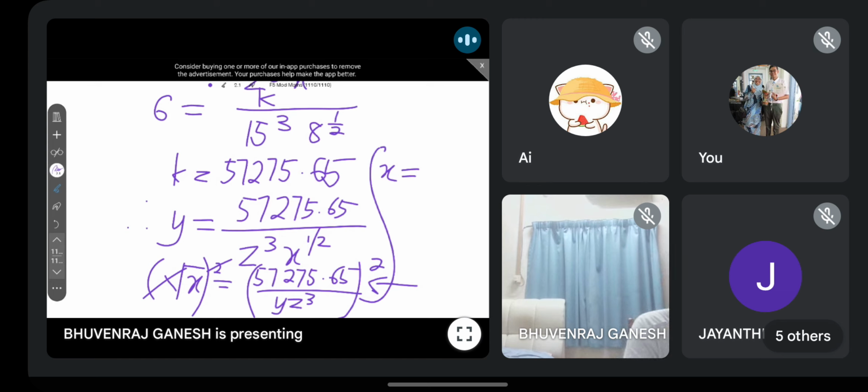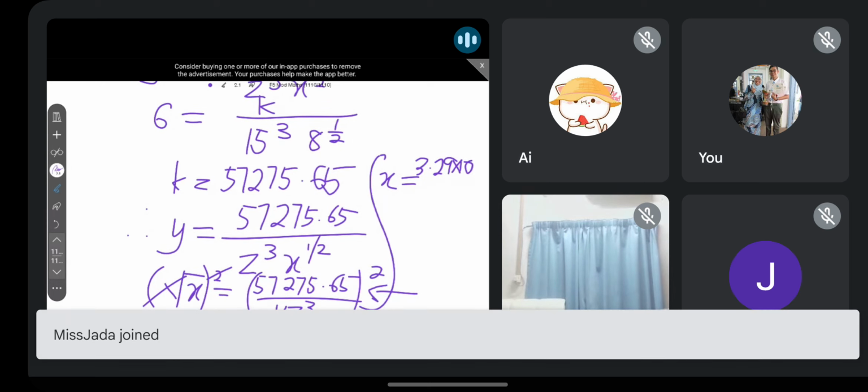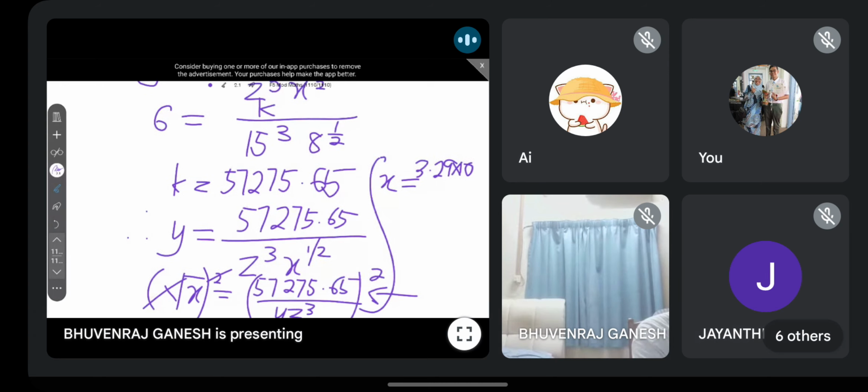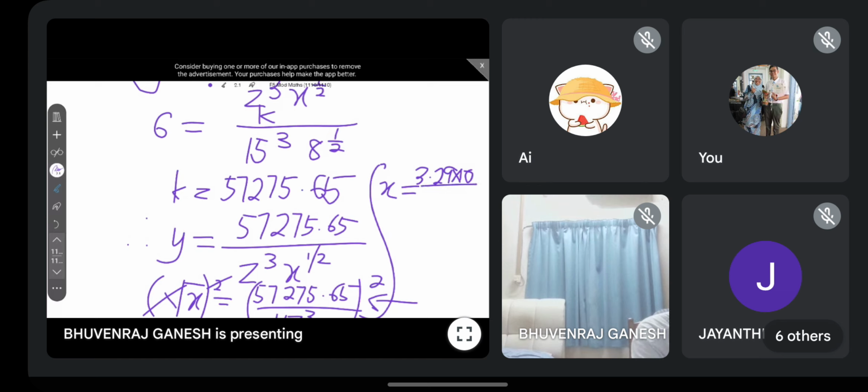Okay, if you square, you will get a big number, 3.29 times 10 power 9. Okay, nilai dia besar. So don't worry if it's big. Okay, usually exam won't come out like this, but it's a random question. Okay, wait. Okay, never mind.